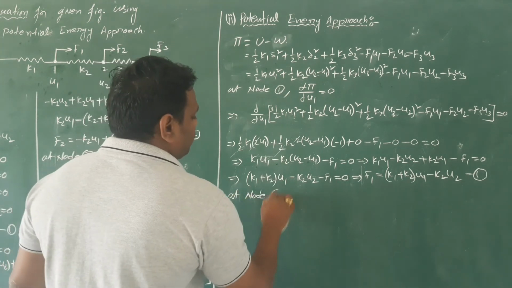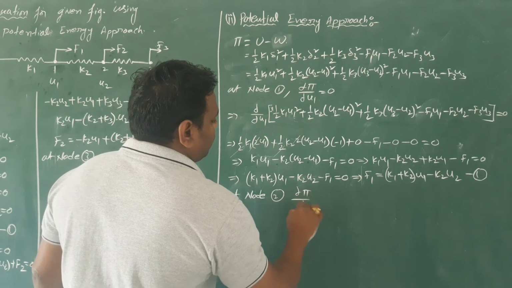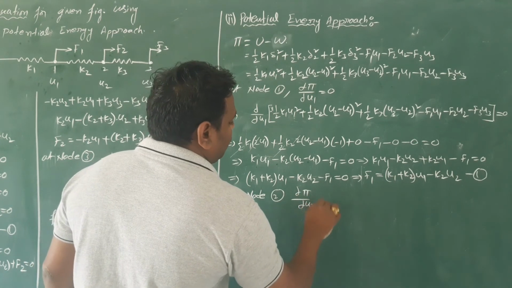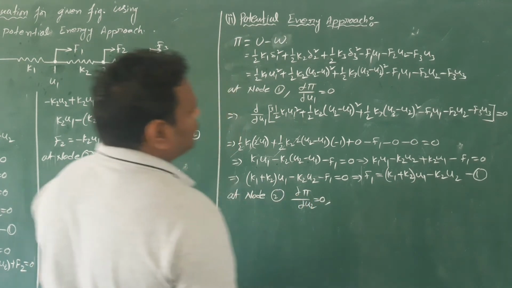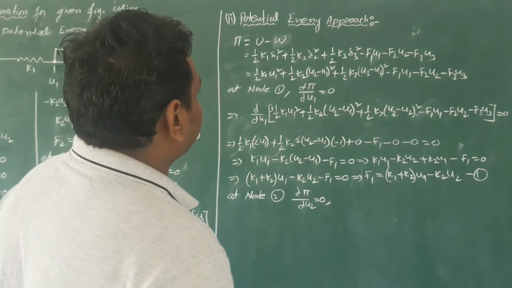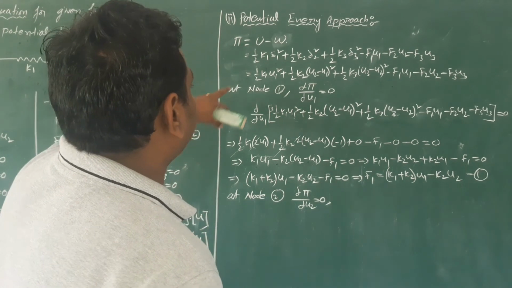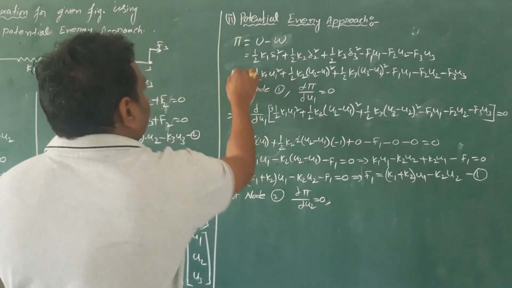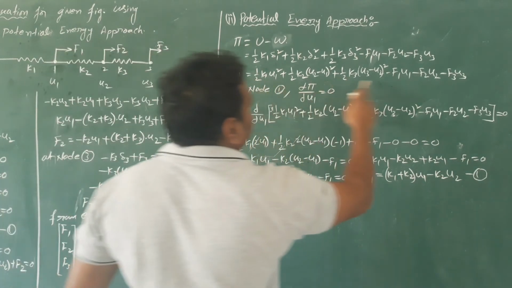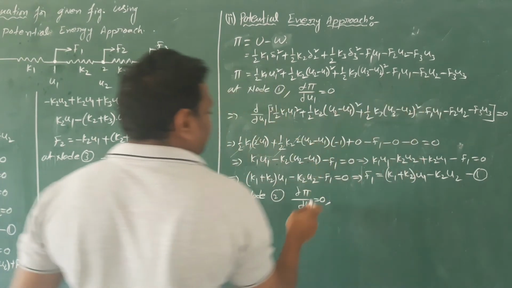2, ∂π/∂U2 is equal to 0. So this is the π equation. Differentiate this entire equation with U2.